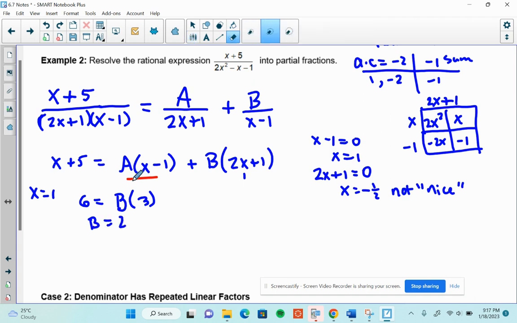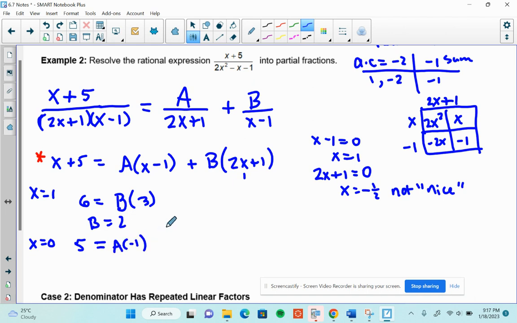Okay? Now, what I need to do is find a. But I don't really want to work with the x equals negative 1/2 because then I have fractions. I'd rather not work with those. So I'm going to pick another nice value that might work well, and that would be x equals 0. Because I already know b, this is going to work out great. Watch what happens. If I replace the x with 0 in this equation right here, I have 5 equals a times negative 1 plus b times positive 1.